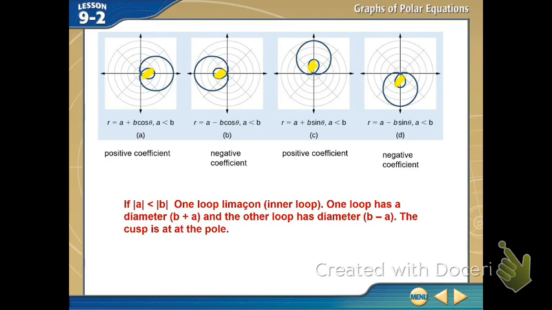And the rules are that one loop will have diameter B plus A, and one loop will have the diameter B minus A. And whichever value is smaller, obviously, is the smaller loop. And then the cusp will be at the pole. And this guy right here is the cusp, right, where the loops overlap.